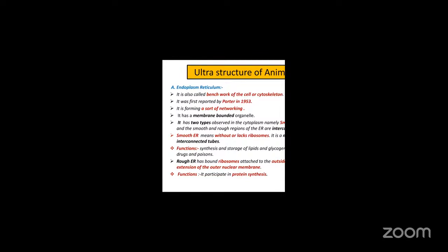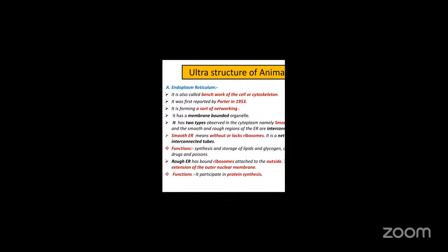Why it is called rough and smooth is that the smooth endoplasmic reticulum does not contain ribosomes, whereas the rough endoplasmic reticulum consists of ribosomes. Because of the presence of the ribosomes, they have been named smooth and rough endoplasmic reticulum. So smooth endoplasmic reticulum lacks the ribosomes. It is a network of pipeline interconnected tubes. So what are the functions of these?